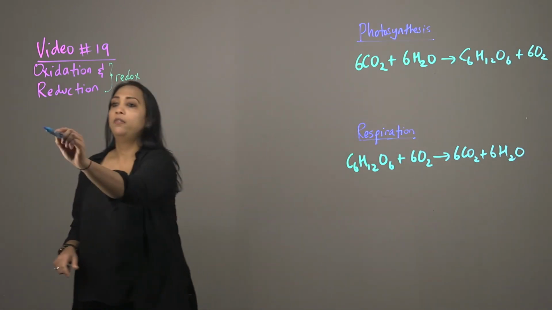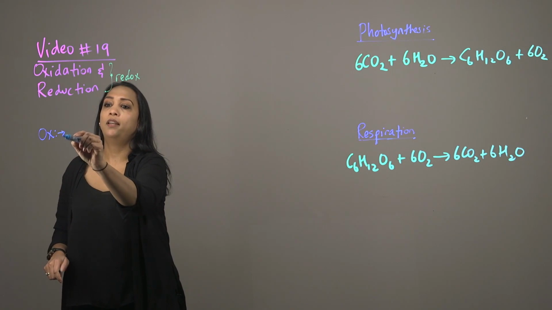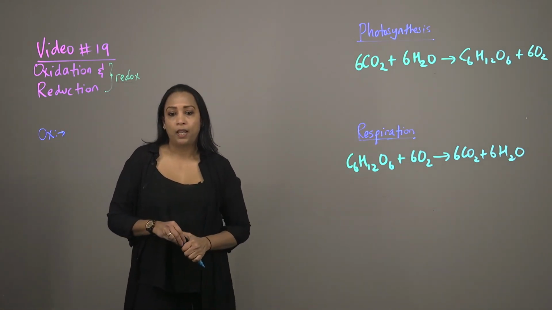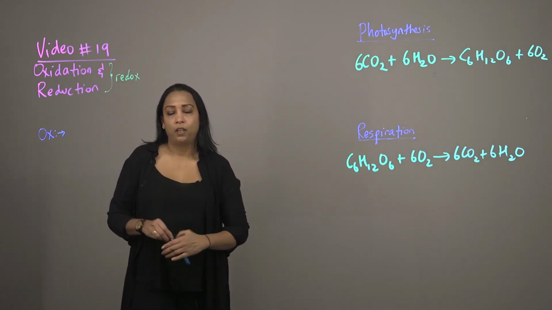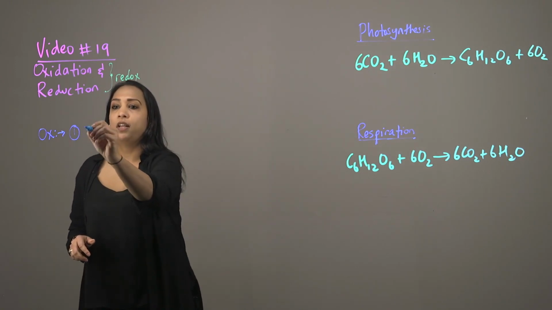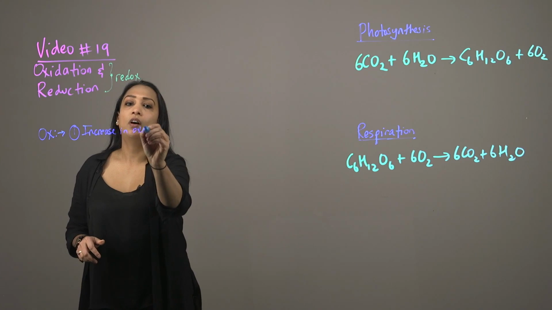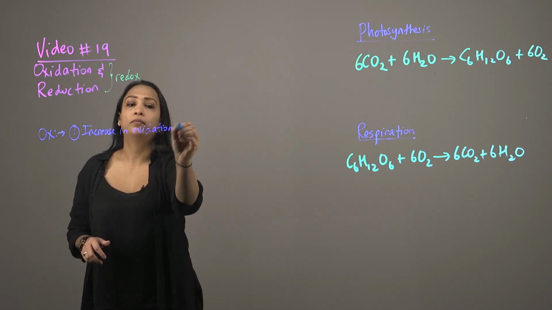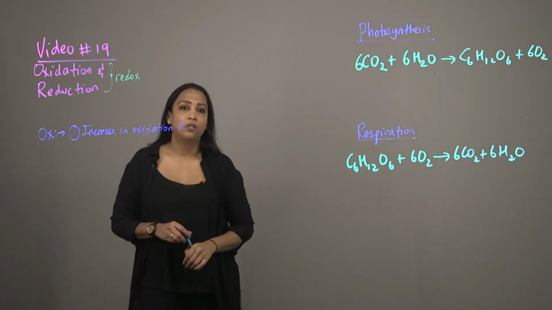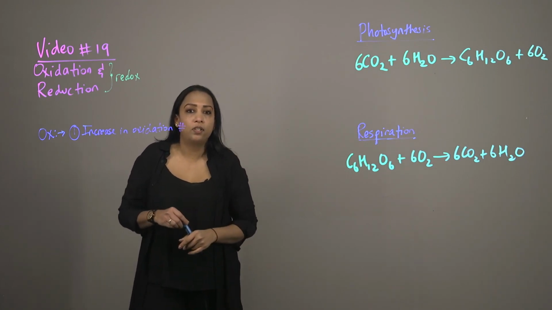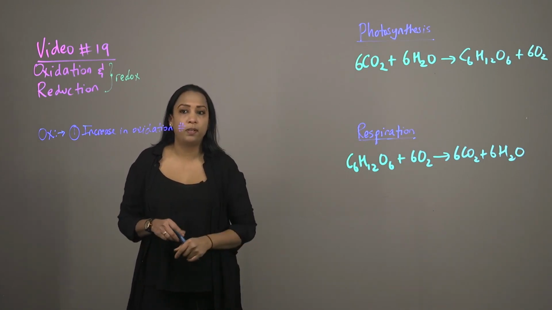So oxidation can be defined in many different ways, and we're going to list what these are. Firstly, we can define oxidation as an increase in what we call the oxidation number. Okay? So we can simply calculate oxidation number by looking at the charge on a species.